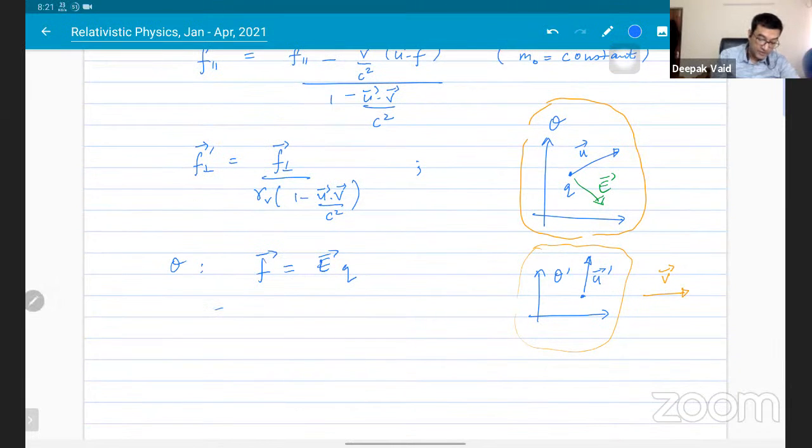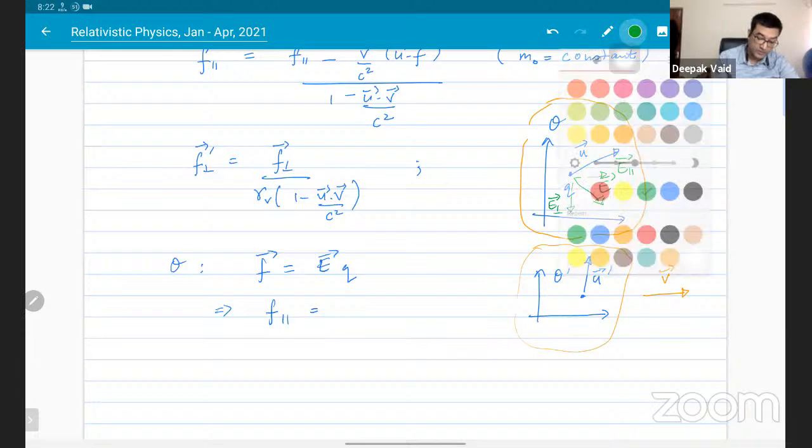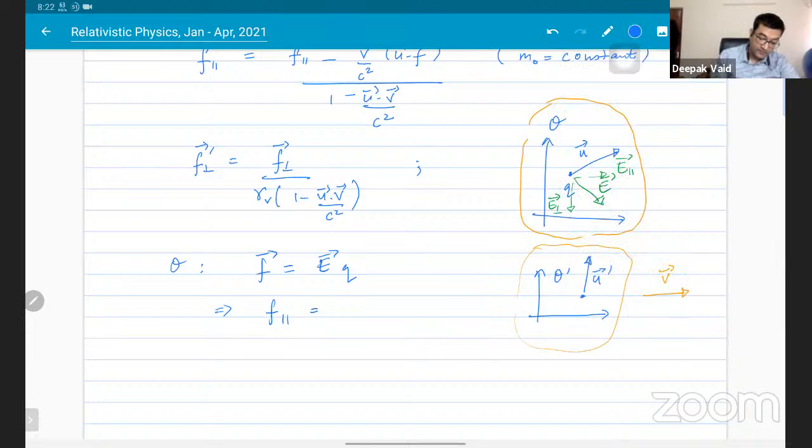Now this force, again, we can write in terms of the parallel and perpendicular components. So we'll get that the parallel component of this force, parallel meaning with respect to the direction of motion, becomes E parallel and this becomes E perpendicular. That figure is becoming a little bit crowded, but I hope you can make it out.